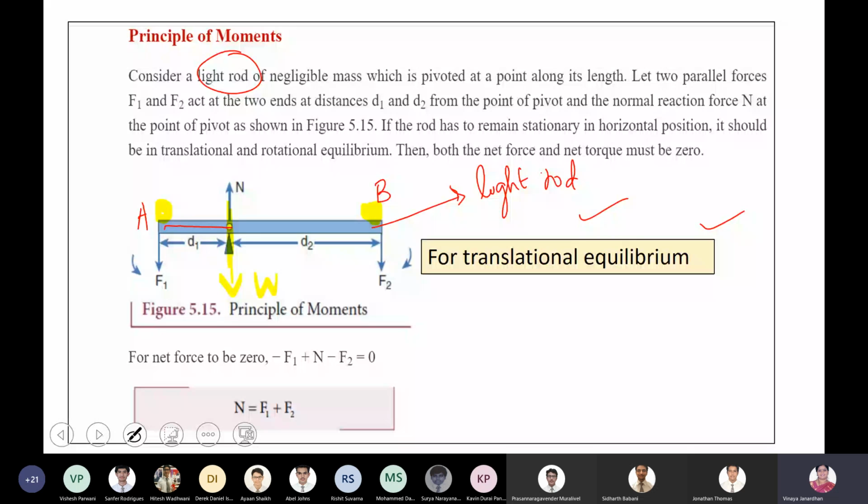Then the total force acting on the body should be equal to 0. So for translational equilibrium, the metallic rod should not move in the linear direction, either along the x-axis or the y-axis, then the total force should be equal to 0.